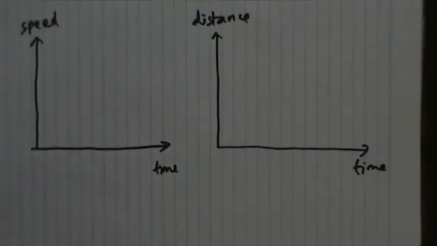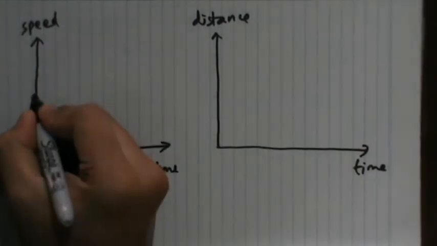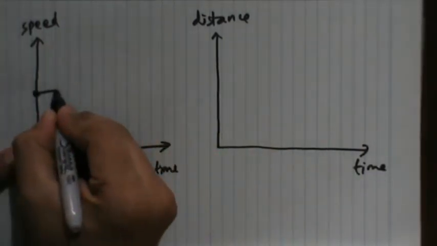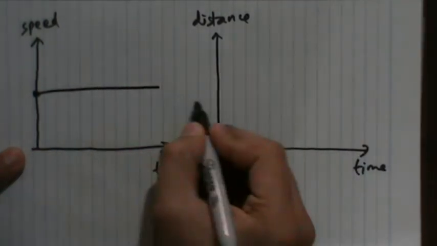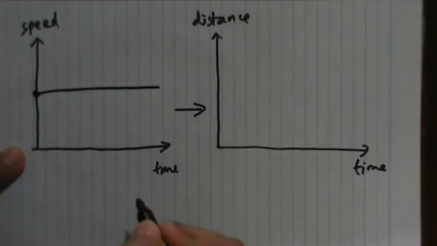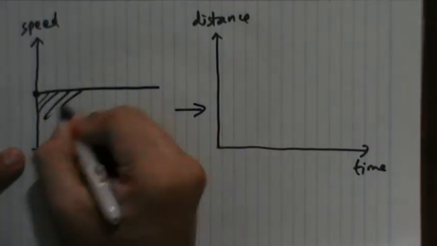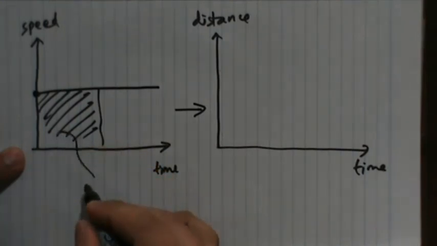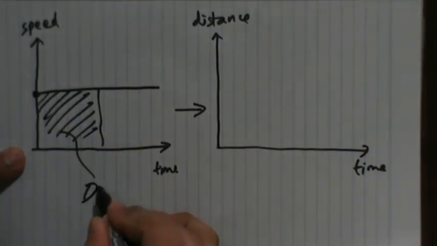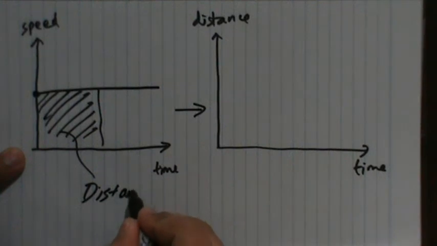Now let me summarize. If you have a speed versus time graph like this, and you want to get the distance, from speed versus time to the distance, you can calculate the area. So the area here will be the distance traveled by the object.